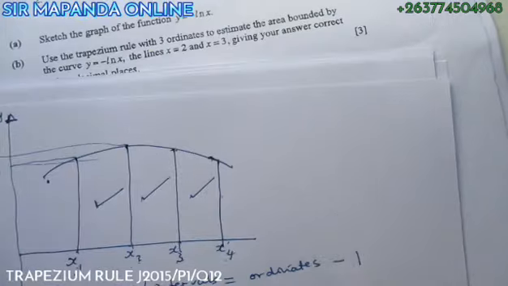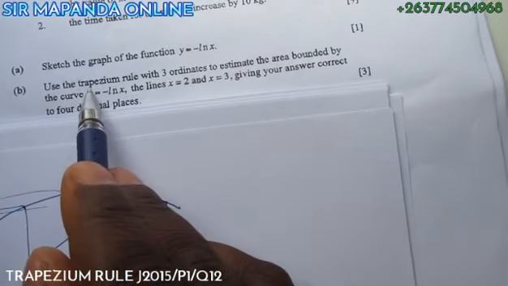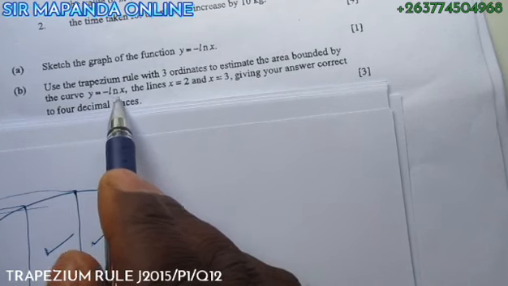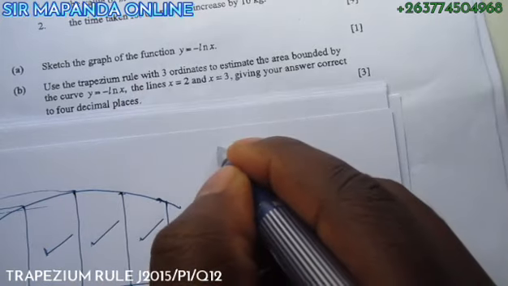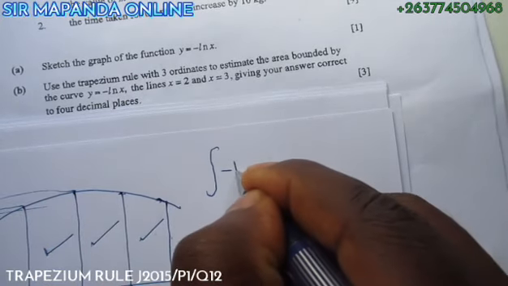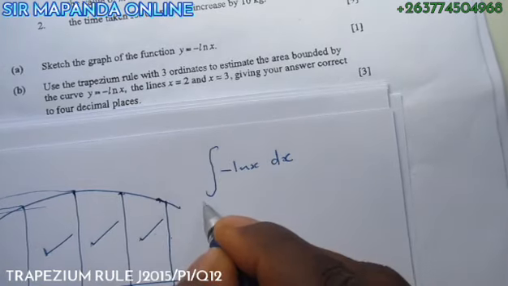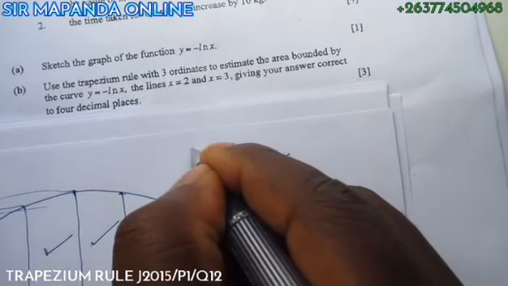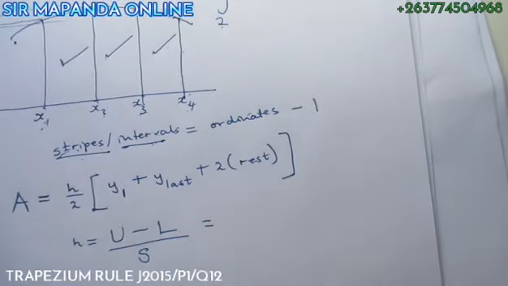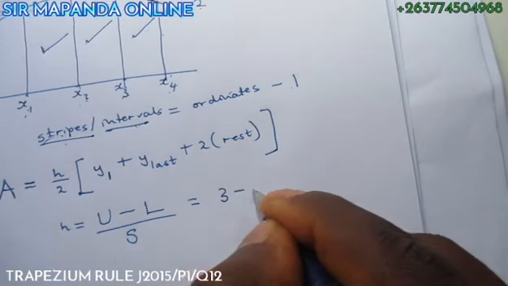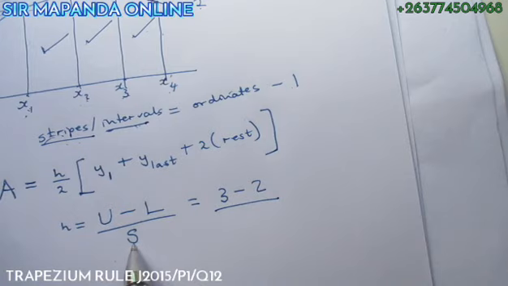So from our question, we want to calculate, using trapezium rule, the area bounded by the curve y is equal to minus ln x. So you put minus ln x in an integral, from x is equal to 2 to x is equal to 3. 2 is your lower limit, 3 is your upper limit. So I'm going to say 3 minus 2, then divide by the number of stripes.